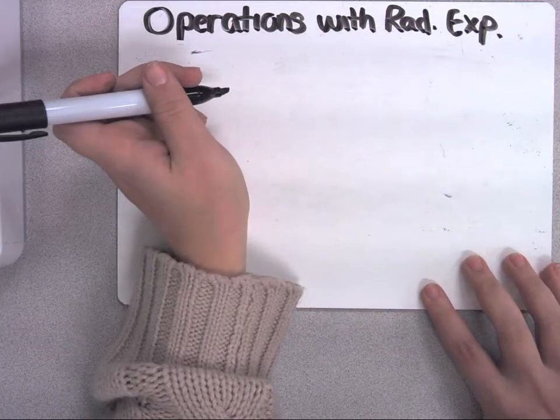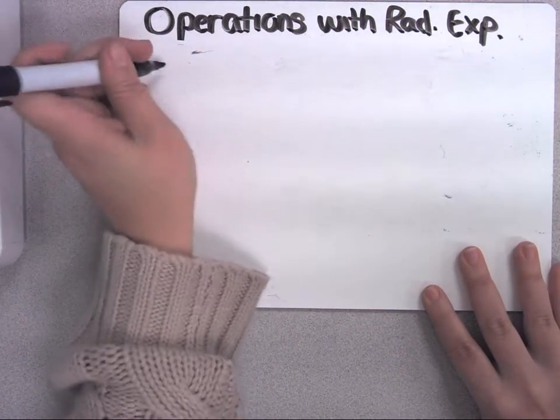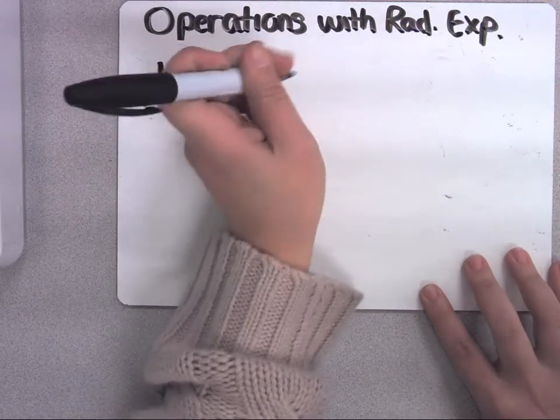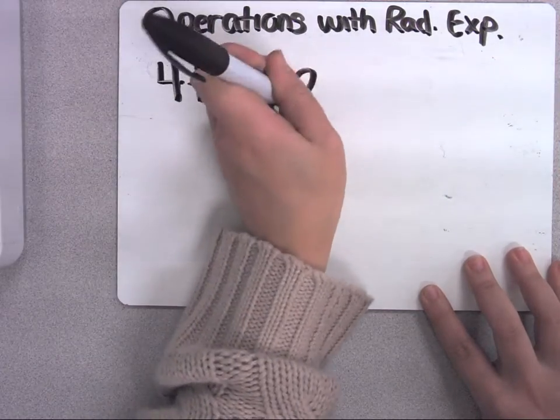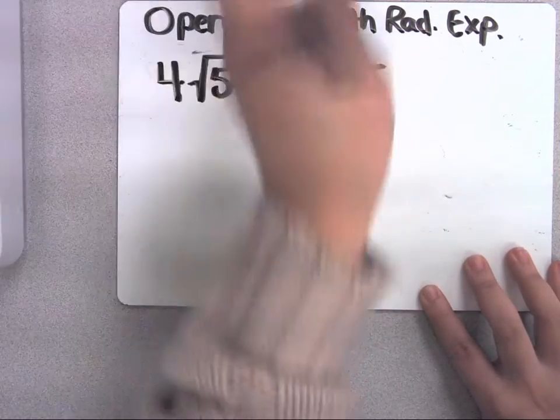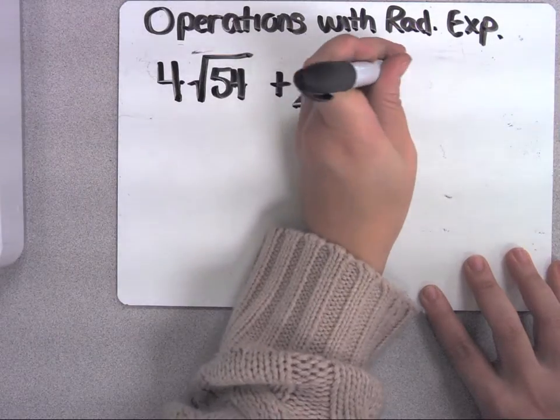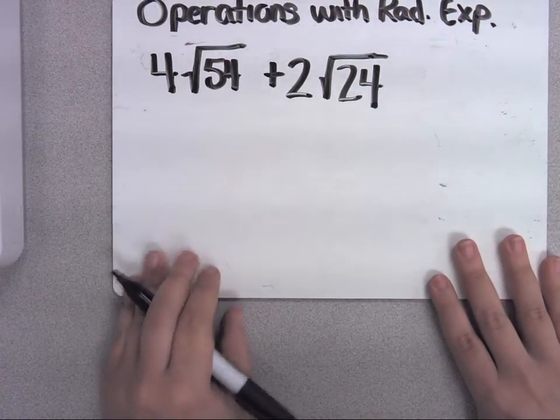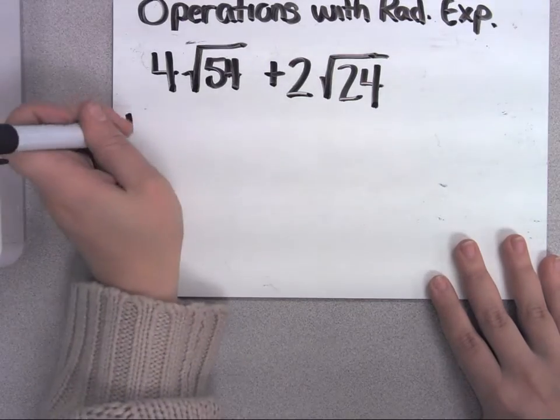Okay, how about, we'll just do one more. How about 4 square root of 54 plus 2 square root of 24. I got 2 of them this time. So let's break them down.